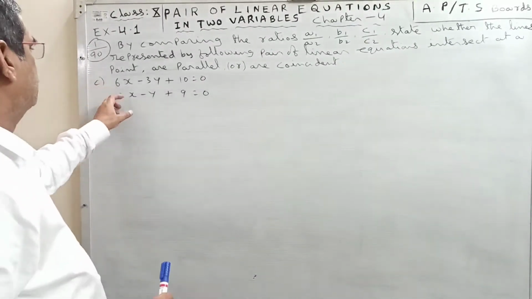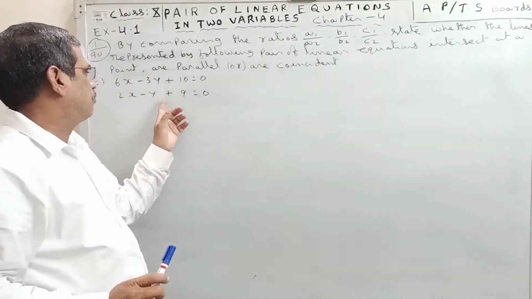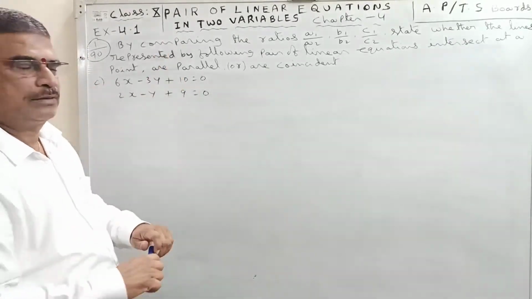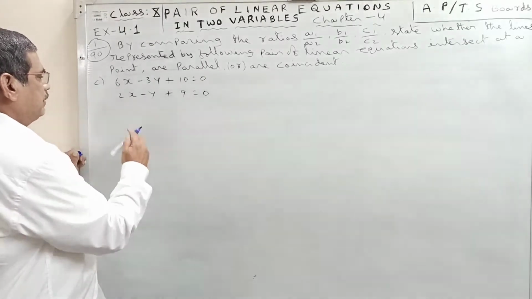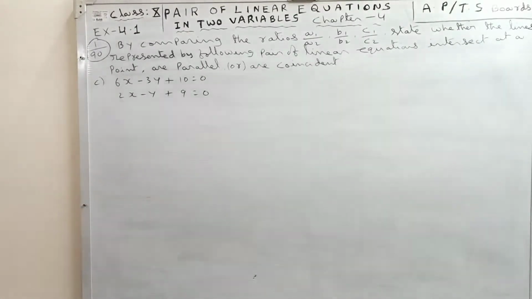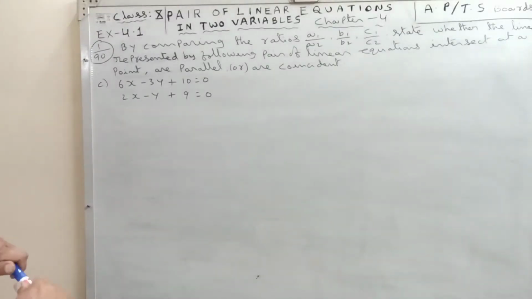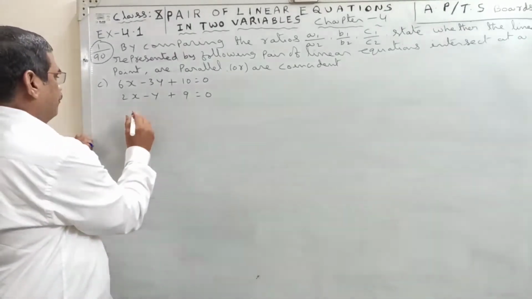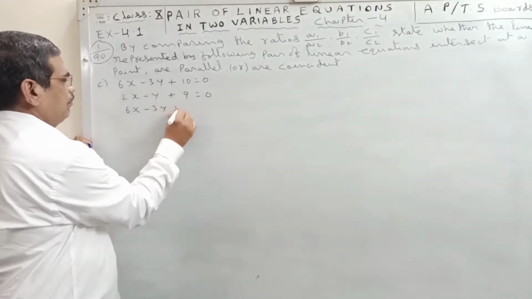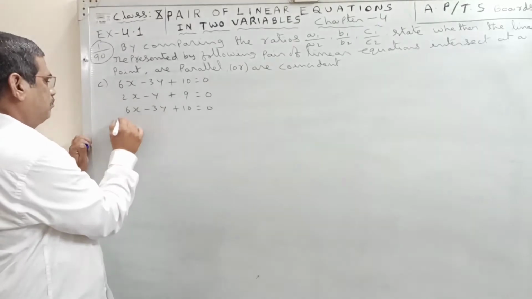Now the C question: 6x minus 3y plus 10 is equal to 0, and 2x minus y plus 9 is equal to 0. Same pattern. Write the first equation: 6x minus 3y plus 10 is equal to 0.